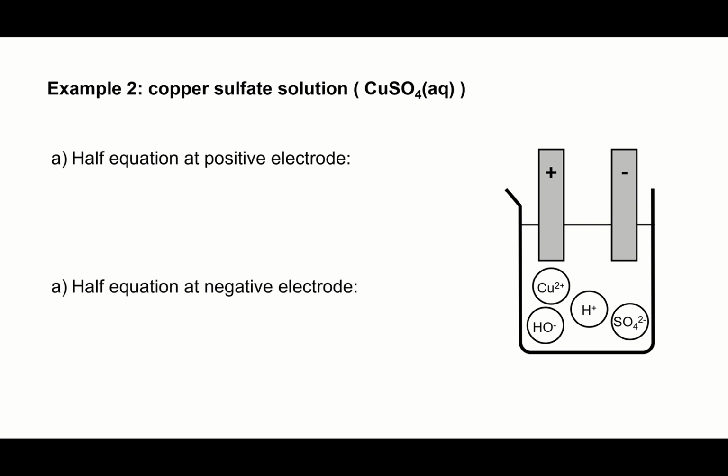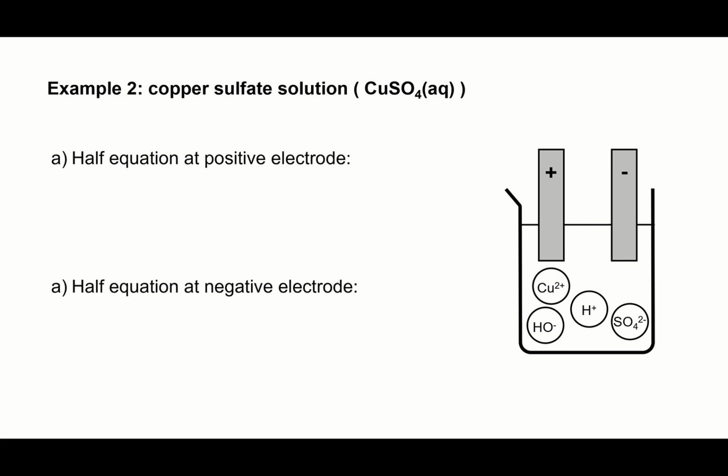Copper, being a metal, forms positive ions. And we've got sulfate ions. Okay, so sulfate is, remember, a compound ion. It's one of the ones that you need to remember. SO4 2-. And water, as we said, naturally contains hydroxide ions, OH-, and hydrogen ions, H+.